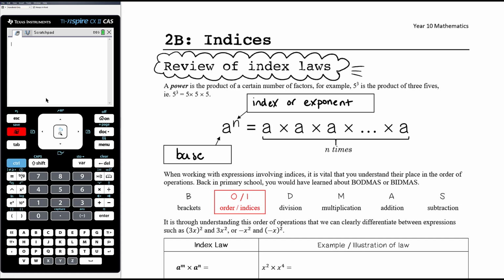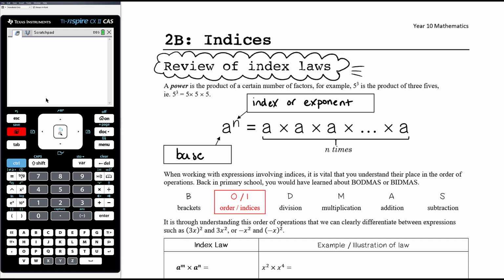We often talk about something being to the power of something else, and we talk about therefore the index or the exponent being the power. It's not actually technically correct, but it is commonly understood when you say that. So index or exponent. Obviously the plural of the word index is indices. So one index, more than one indices.